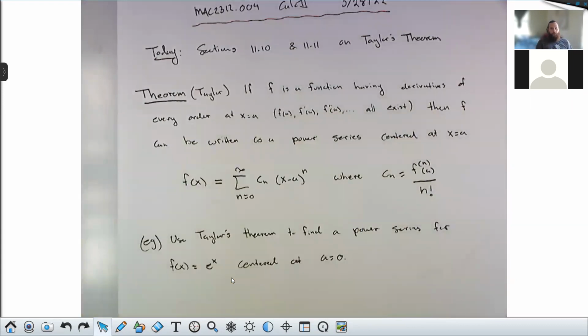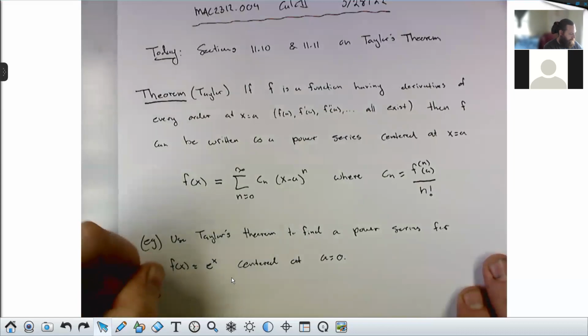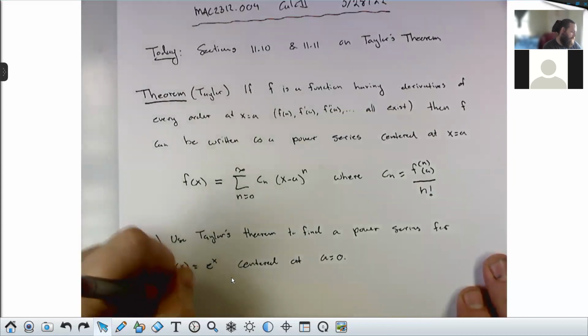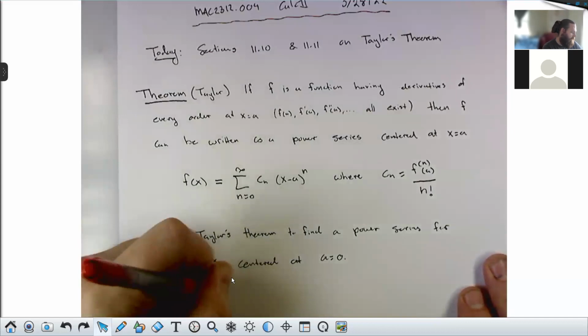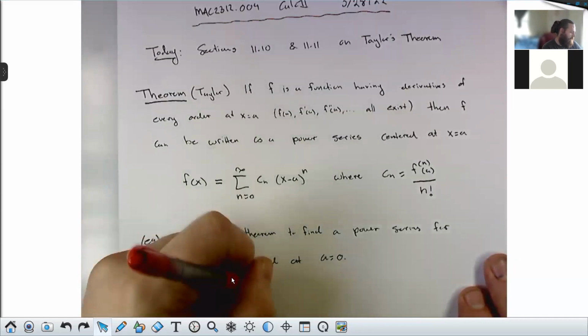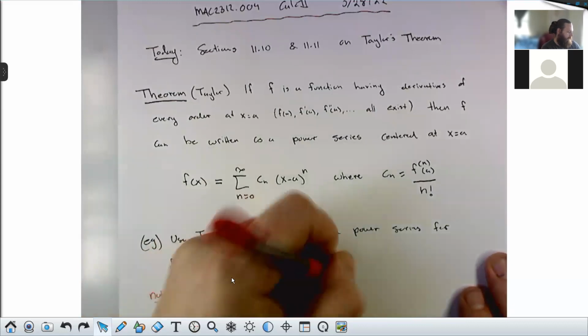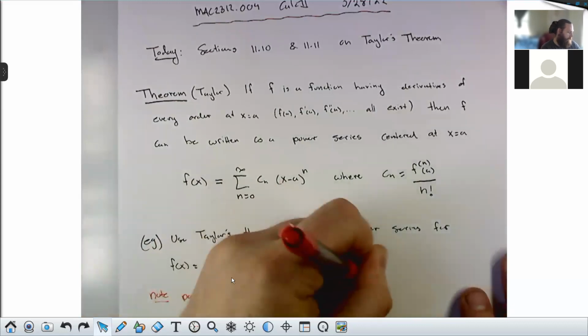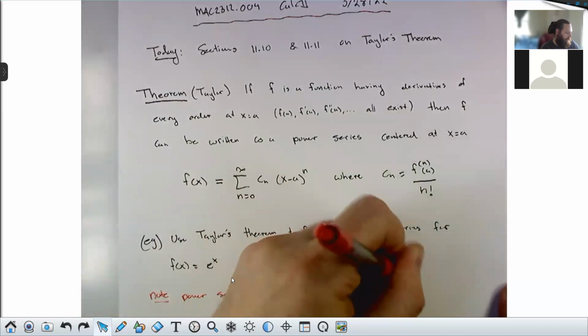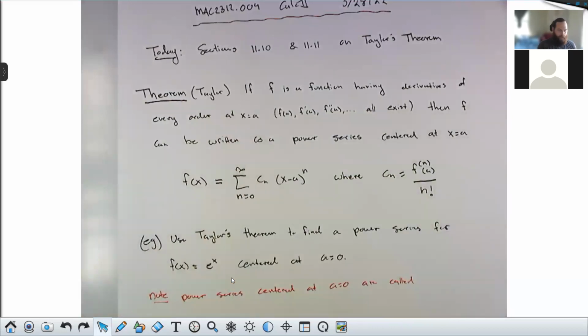So let's use Taylor's theorem to find a power series for the function e to the x, and we're going to center the series at 0. A little note: power series centered at a equals 0 are called, you can call it a Taylor series, that is fair.